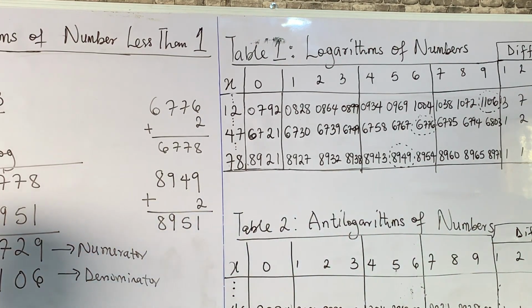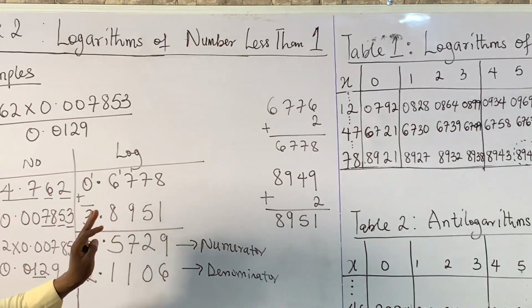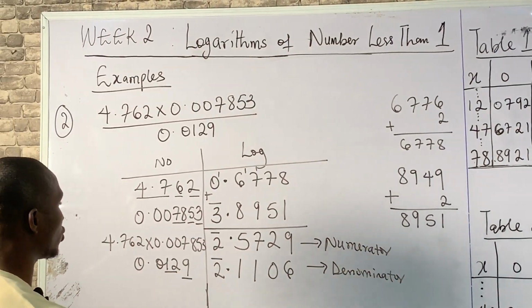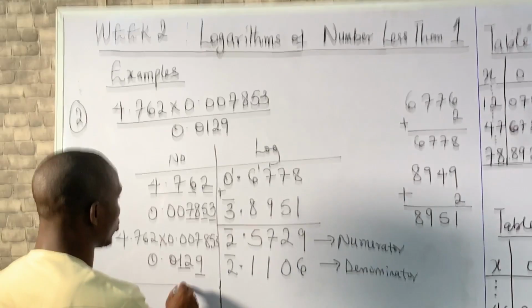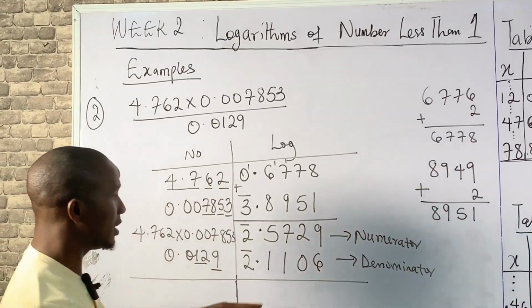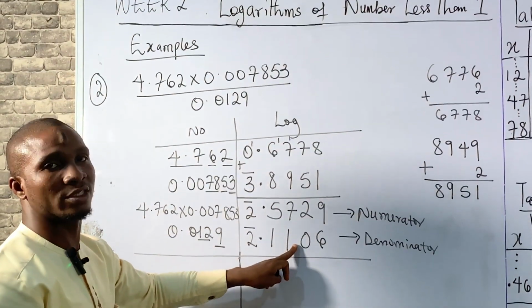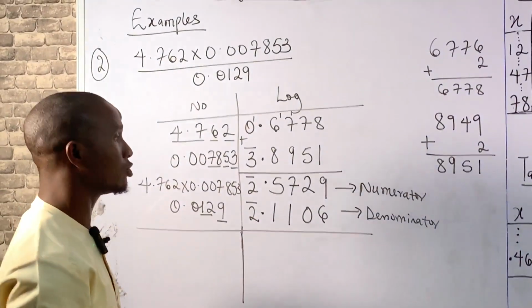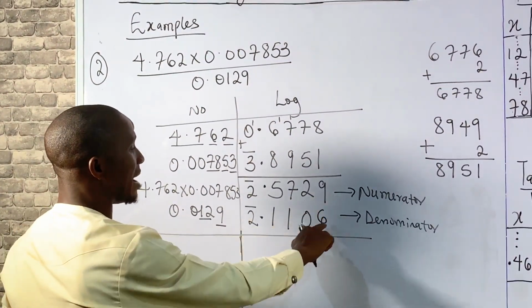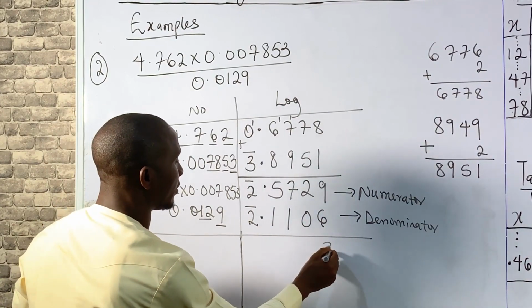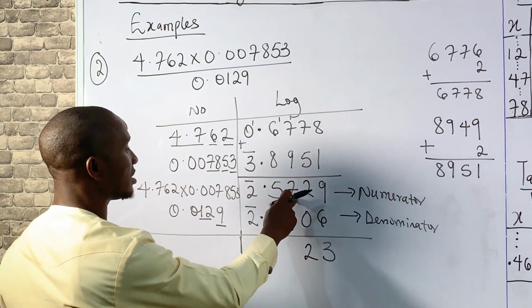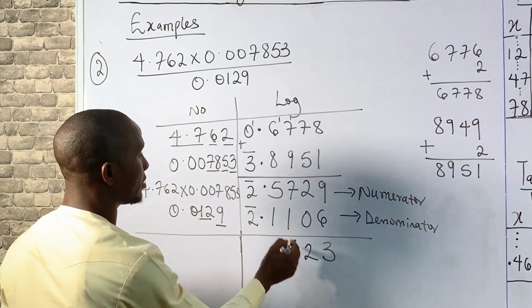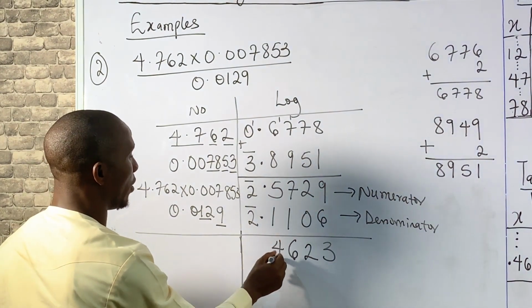So between the numerator and the denominator is division. And division in logarithms means subtraction. So to get our final answer now, it means the numerator minus the denominator. So we need to subtract. 9 minus 6 will give us 3. 2 minus 0, 2. 7 minus 1, 6. 5 minus 1, 4.